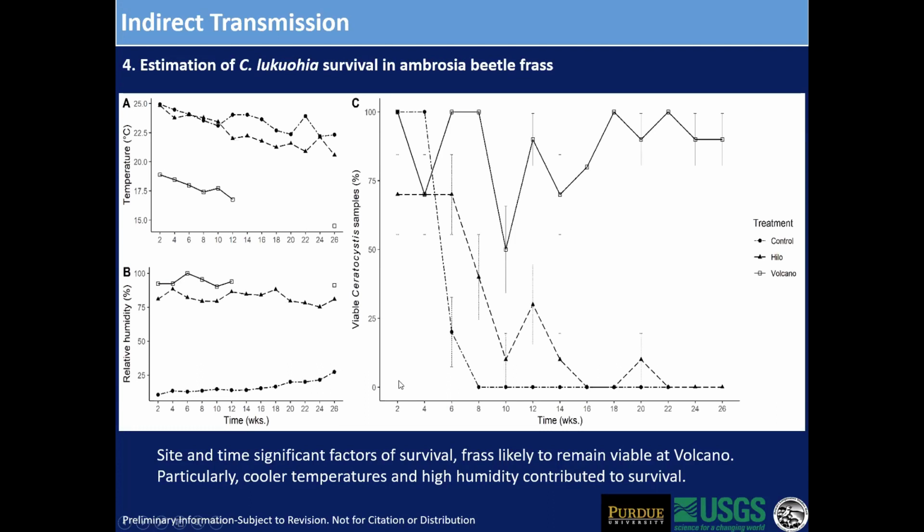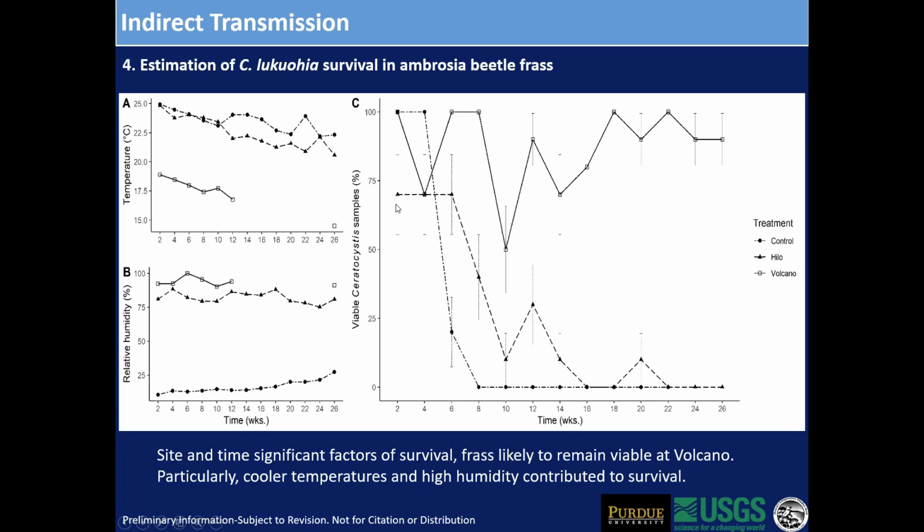In this graph, we're looking at the viability of the Ceratocystis samples, as a total percentage over time. As you can see, the control, which had basically no humidity, dropped off in viability right away, and at 8 weeks it was no longer viable.